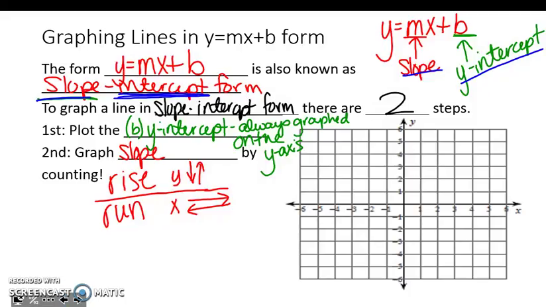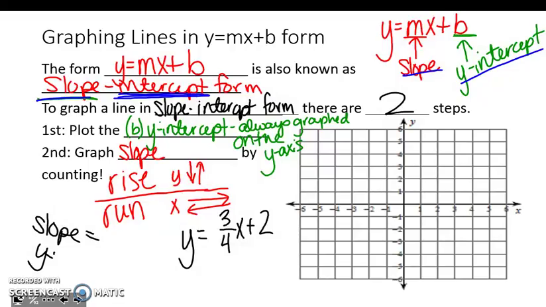Okay, so on this first graph, let's go through an equation. So if I give you the equation y equals 3 over 4x plus 2. The first thing I'm going to ask you to do on all of these is to figure out what the slope is and write it down, and figure out what the y-intercept is from the equation.